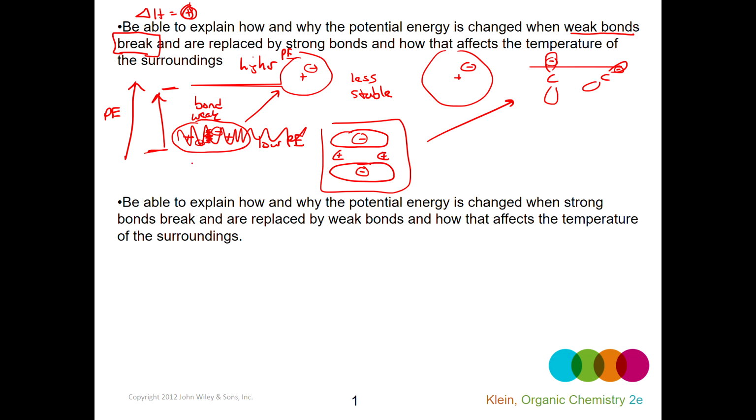If I were looking at a sigma bond, the electrons would be closer to the nuclei. So a sigma bond has a greater amount of energy difference between its initial low energy and its higher energy state where the bond is broken. So if I have to break a weaker bond, since it wasn't that stable to begin with, here there's already some potential energy, because there's a potential, if these electrons aren't that close to the nuclei, for them to get attracted to other nuclei, or for them to move closer.